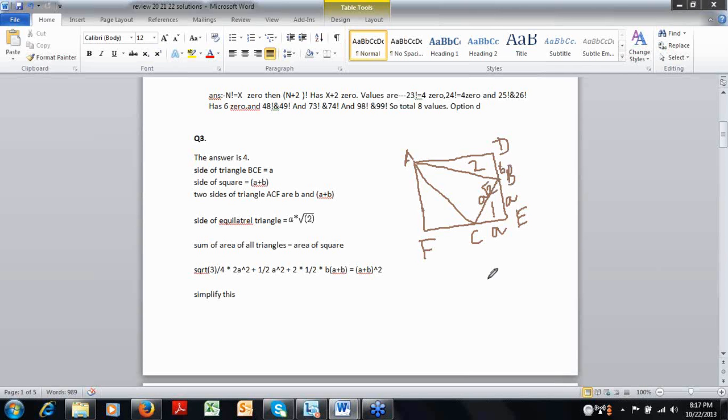Now the side of the equilateral triangle is a root 2, this is a, this is a, so it will be an isosceles triangle. We have considered this to be b. So the side of the square is a plus b. So for ACF, this is b and this is a plus b.